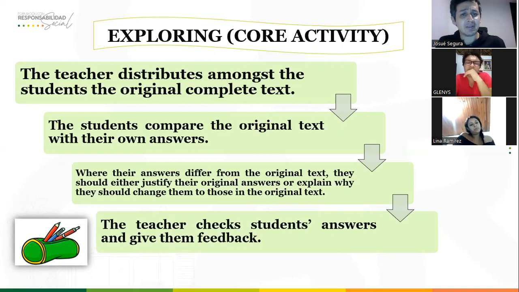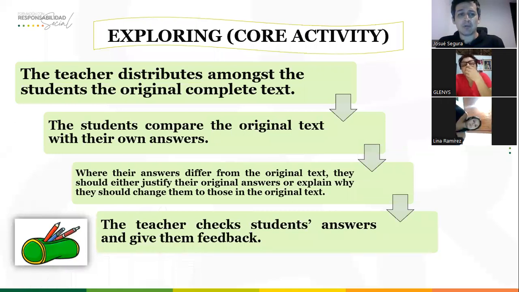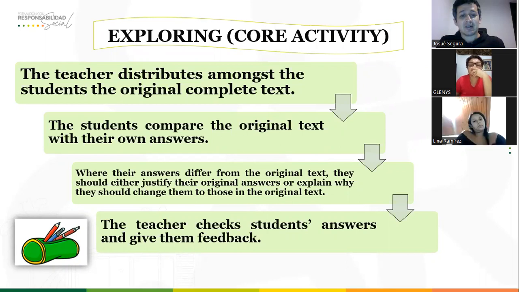Where their answers differ from the original text, the students should either justify their own answers or explain why they should change them to those in the original text. And finally, the teacher is going to do a general check of the answers and give them feedback in a general way as well.